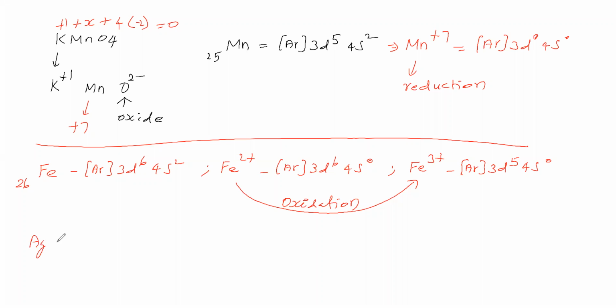Then regarding silver. You know that silver ornaments we purchase, we use for a number of years. That means, is it losing its luster, its brightness, immediately? No. That means it is not participating in the chemical reaction easily.